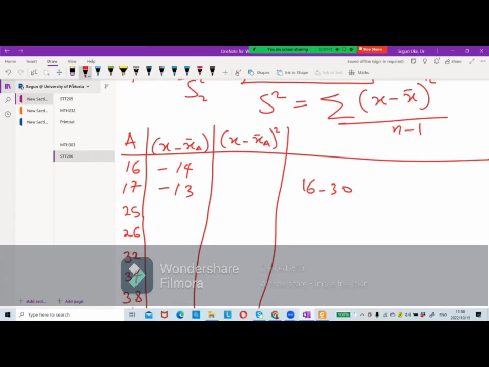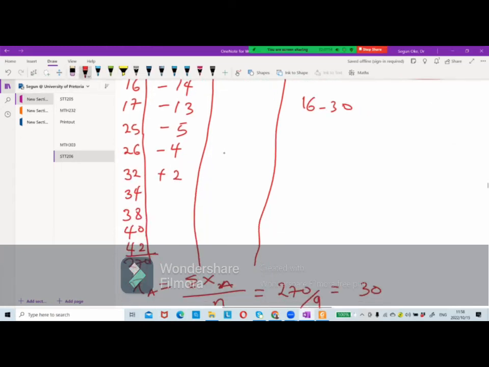Then minus 5, minus 4, plus 2, plus 4, plus 8, plus 10, plus 12. You don't need the summation for that.